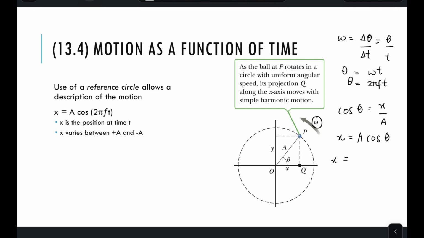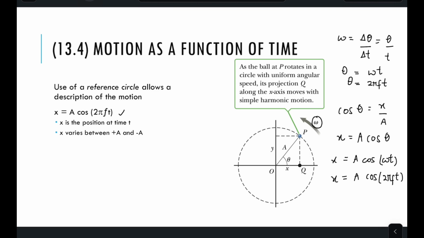Therefore, our equation now may be rewritten as A cos 2 pi f t. So the whole thing here is actually theta, which is equivalent to this equation.